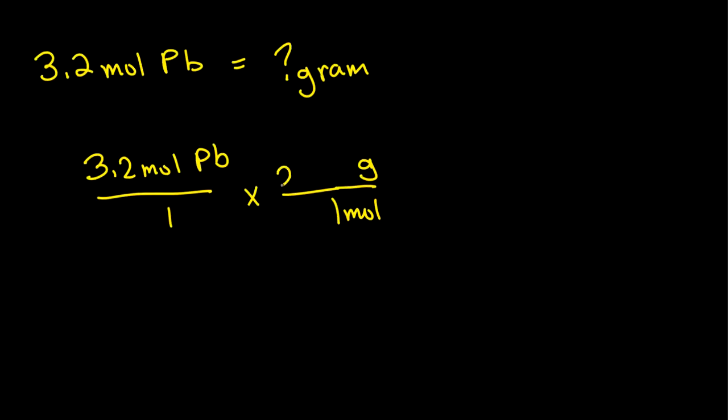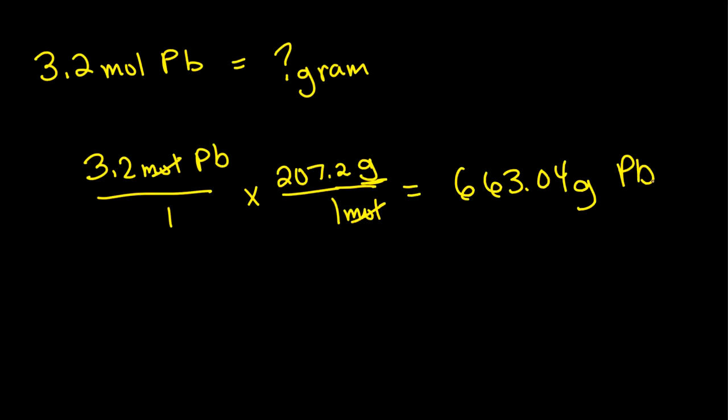So lead is 207.2 grams per mole. So 3.2 divided by 1 times 207.2, and I get 663.04. But we need units. Moles canceled out, leaves us with grams. So 663.04 grams of lead.